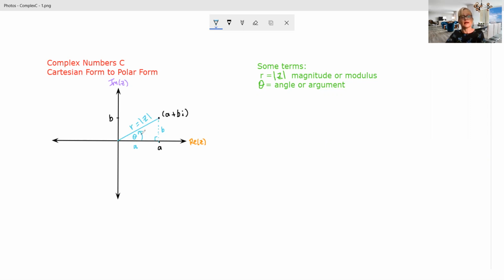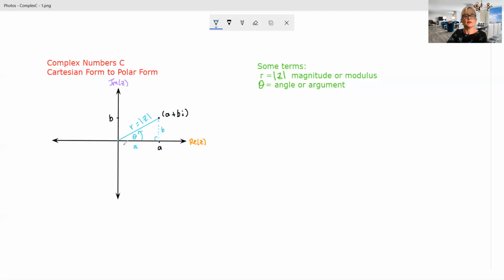Your theta, the angle, is always measured anti-clockwise from the positive direction of the real axis, just like with our unit circle, where it's always measured anti-clockwise from the positive direction of the x-axis. If you're going this way, it's counted as a negative angle.